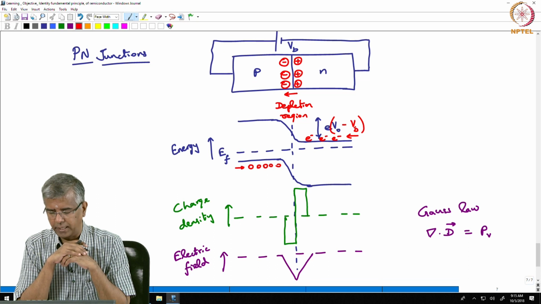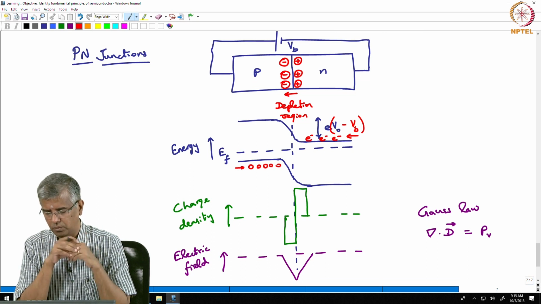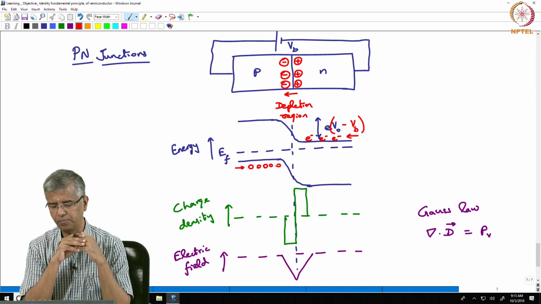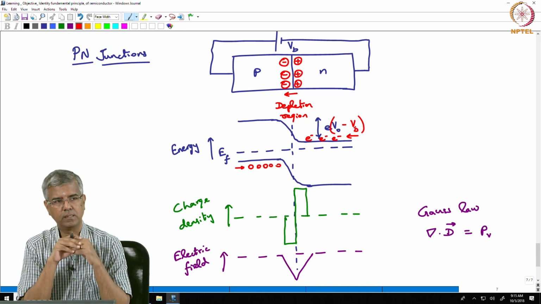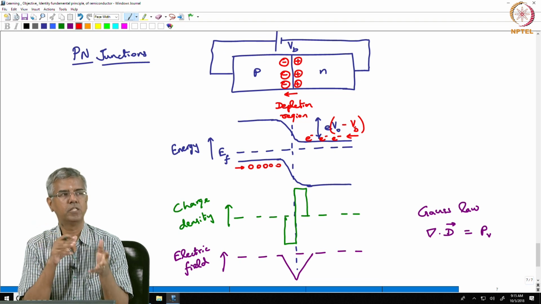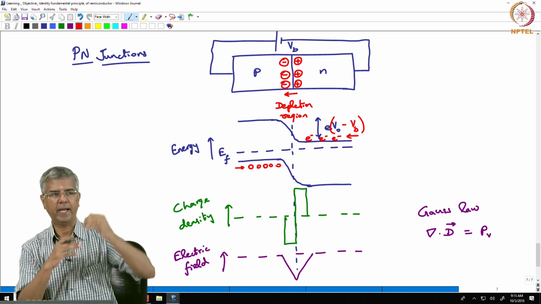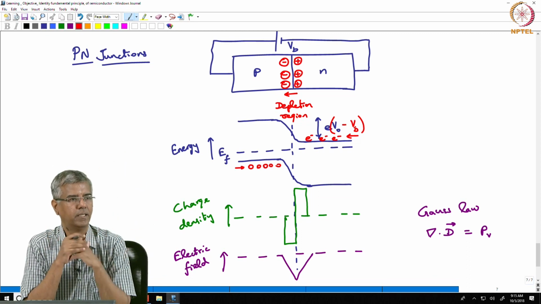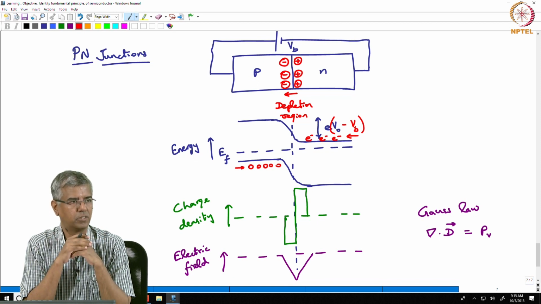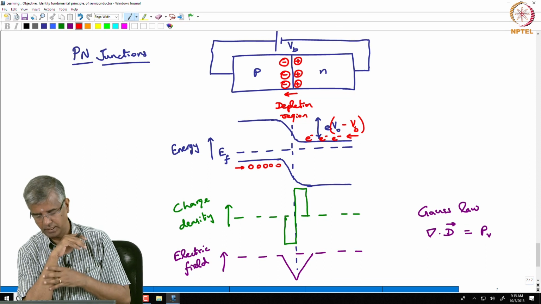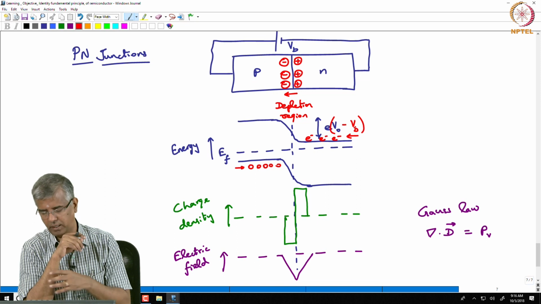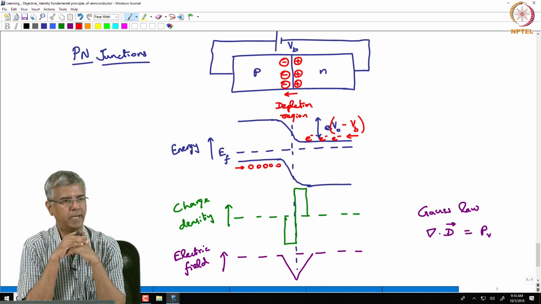And of course, you can look at the converse also. You can say that if my bias is negative, which means that you have reverse bias, then the barrier height becomes so much more that you do not have any possibility of the charges going across the junction. The electric field potential at that junction is further enhanced.